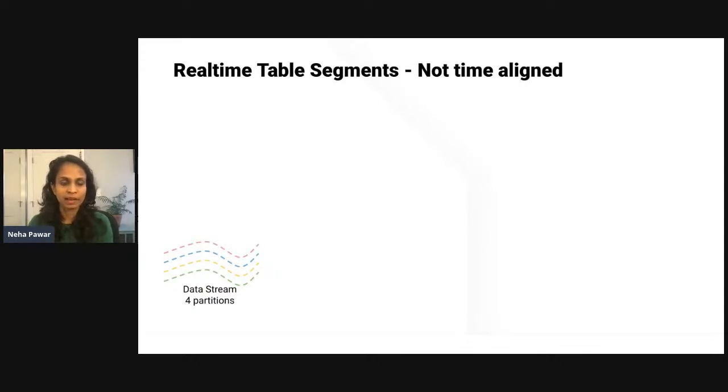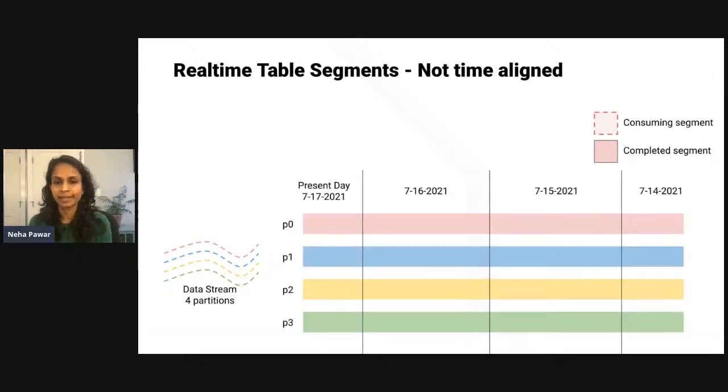So let's bring back our stream that has the 4 partitions. Let's say this represents the data in the partitions of our stream. So going from right to left, we have data starting from 14th of July, and then 15th and 16th, all the way up to 17th, which let's assume is the present day.